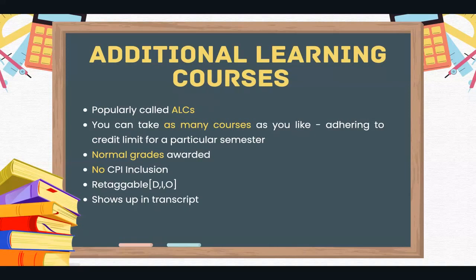However, you can retag the course later to a department elective, institute elective, or an honors course. I would be explaining what retagging is. It also shows up on your transcript. A transcript is basically a list of courses that you have done during your stay at the institute in 8 or 10 semesters. So the additional learning courses show up in your transcript.